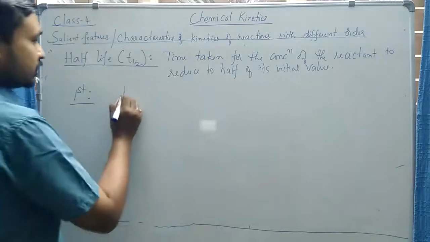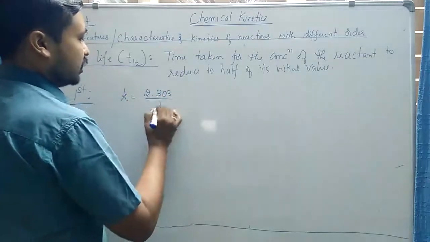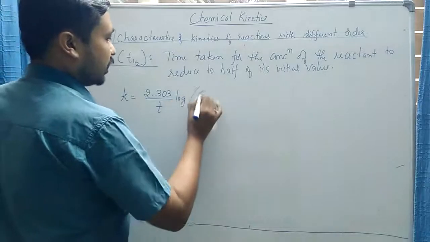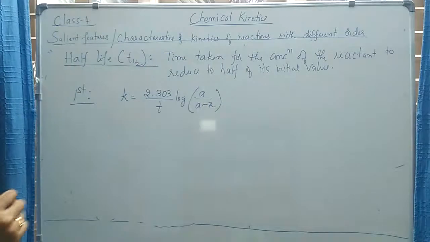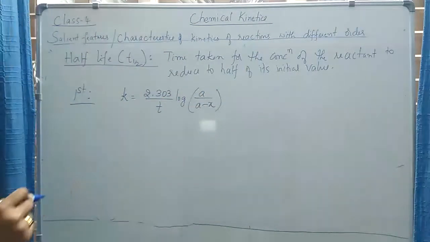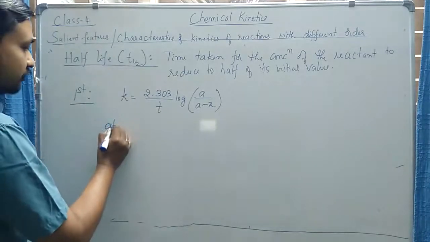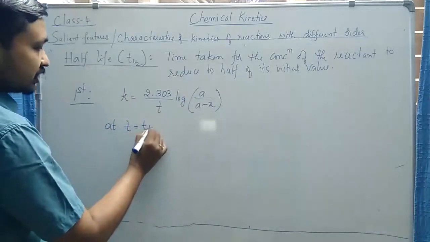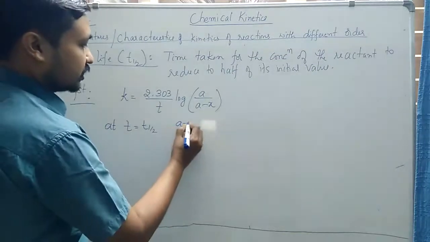The rate constant is K is equal to 2.303 divided by T into log of A by A minus X, where T represents time, A is the initial concentration, and A minus X is the concentration of the reactant at a particular time T. When the reaction reaches the half-life stage, at T is equal to T half, what would be the concentration of the reactant A minus X?